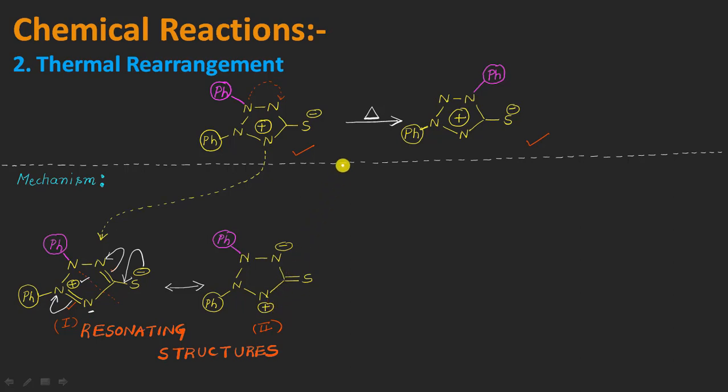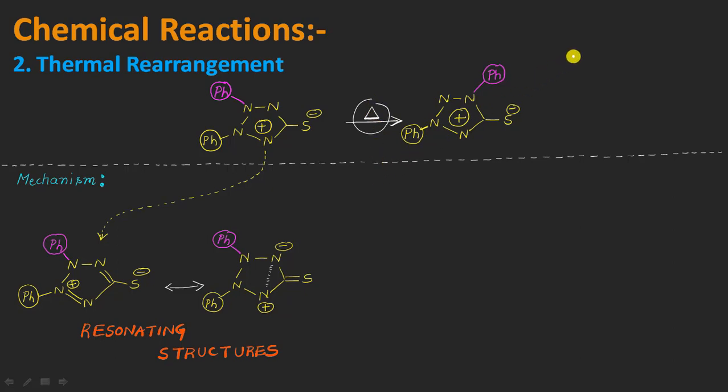And because we are providing a lot of heat energy here, it will result in the formation of a three-membered ring system because of the bond formation in between this nitrogen negative and this nitrogen positive here, right? Okay, we know that the formation of this kind of three-membered structure is quite an unstable move, but we are providing a lot of heat energy here, okay?